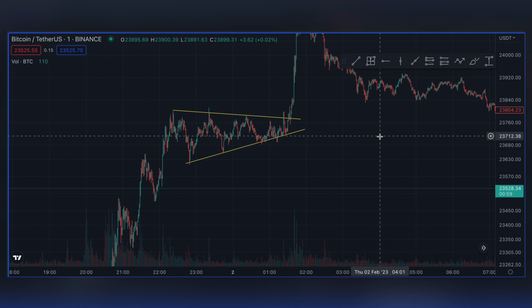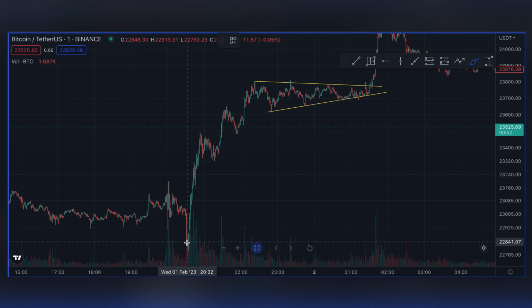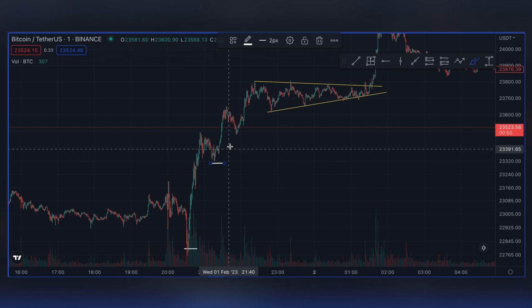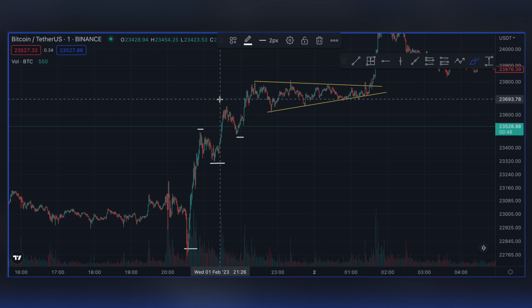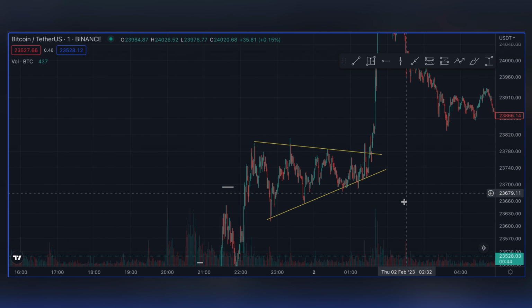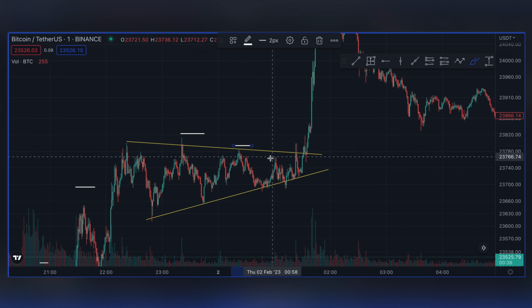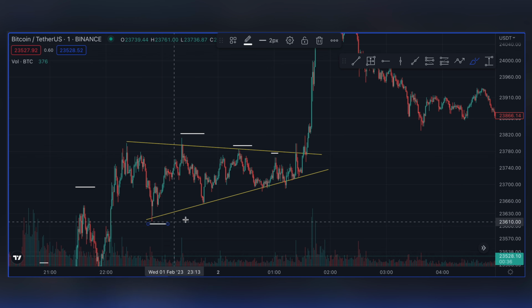So here we have a great example of a symmetrical triangle. We had a previous uptrend because our lows are getting higher and our highs are getting higher as well. And after that we are in a sort of consolidation, which is a symmetrical triangle. And we see that every high is getting lower and every low is getting higher.